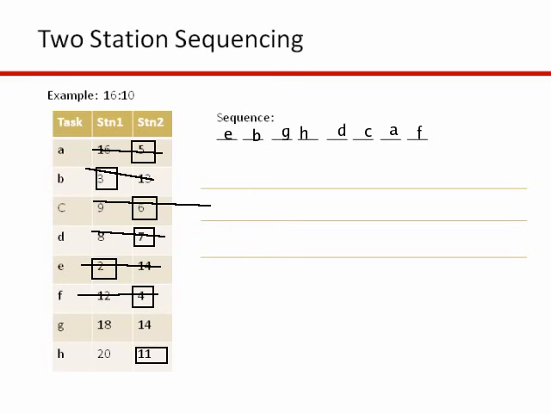So this is our sequence, the sequence that is going to minimize the idle time at both stations. All right, so any questions on applying that algorithm to come up with a sequence for two stations?